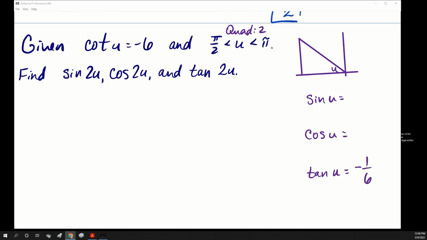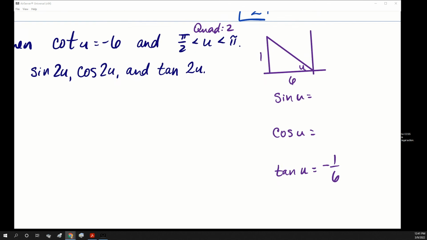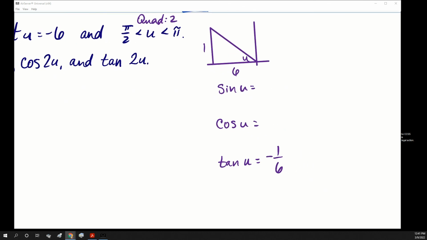All right, so what does that tell you about a couple of the sides? Very good. Now, yesterday, I think all of our triangles were just perfect little Pythagorean triples. This one, we're going to have a radical, but that's okay. So to figure out the hypotenuse, we're just going to use the Pythagorean theorem.